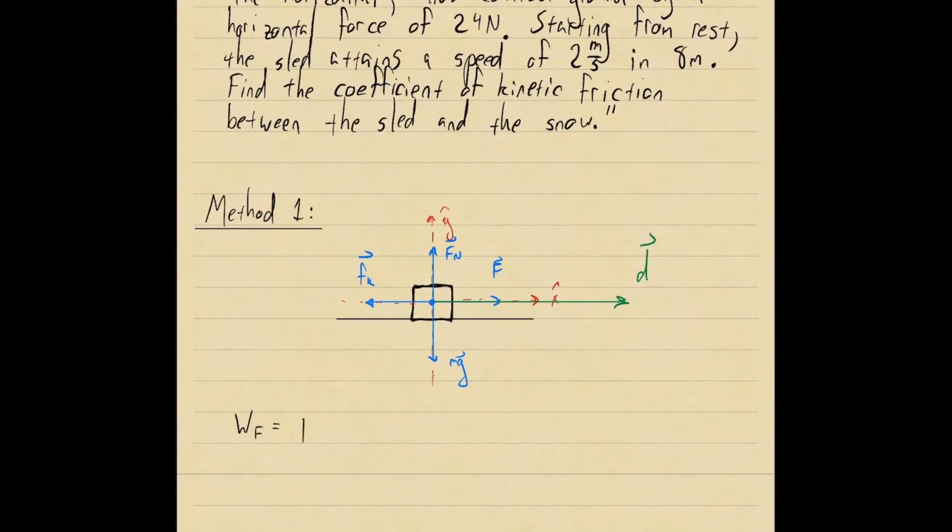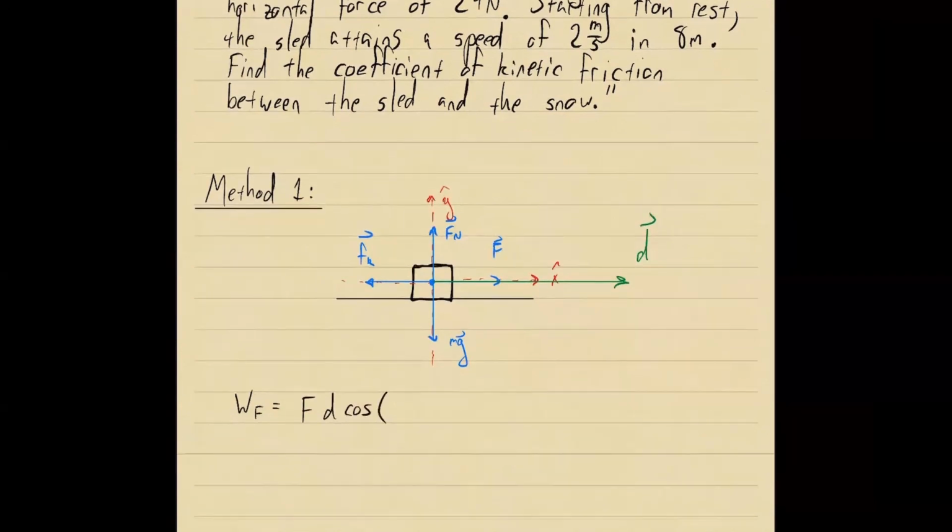That's going to be F times the displacement times cosine of the angle between our pulling force F and our displacement. Well, our pulling force F and our displacement are both in the same direction, right? They're both going directly to the right.